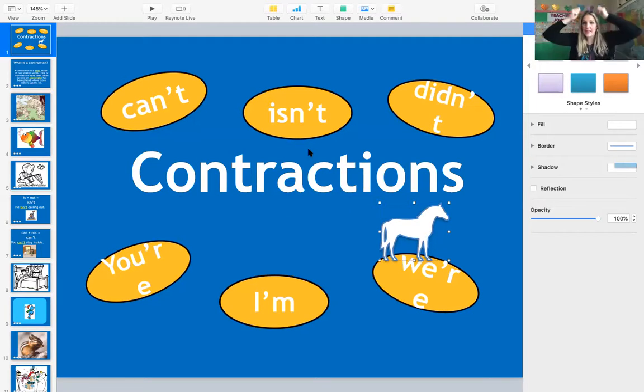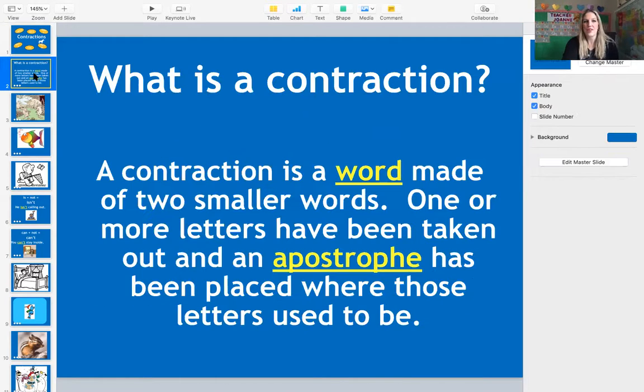So put your thinking caps on because it's your turn to think. What is a contraction? Well, I told you a contraction is a word made of 2 smaller words. One or more letters have been taken out, like we saw here, we didn't have the O in do not, and we replaced it with an apostrophe.